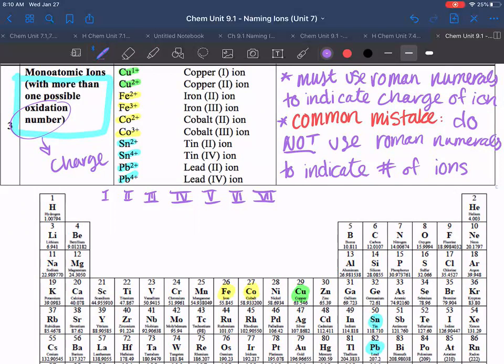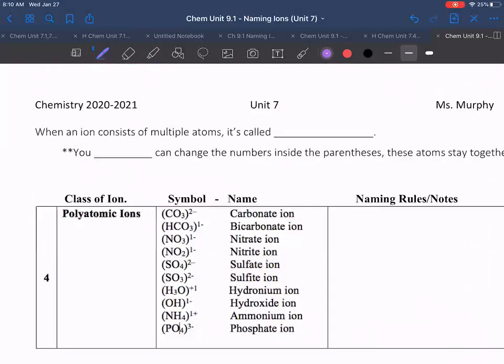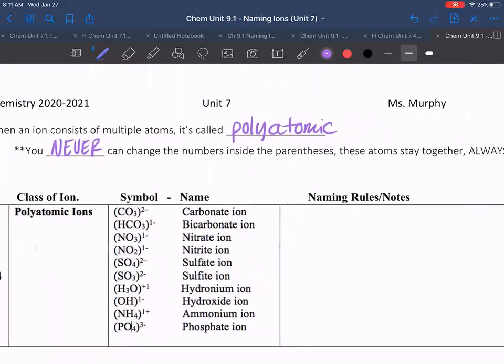Okay, the next one here. Now we're going to talk about when an ion consists of multiple atoms. So now it's called polyatomic. The prefix poly means many, many atoms. What's important here is that you never, I'm going to all caps this, NEVER change the numbers inside the parentheses.